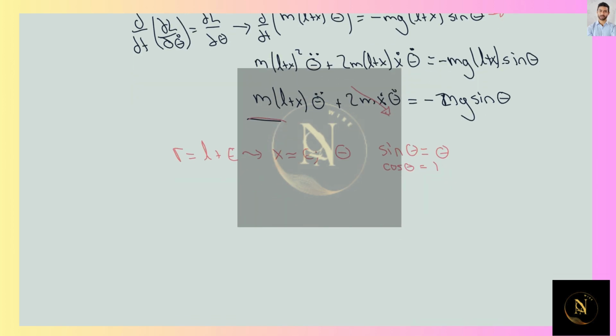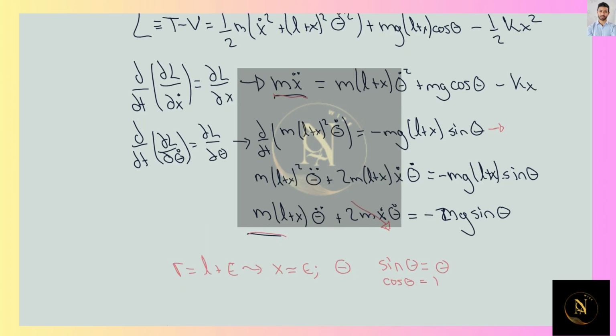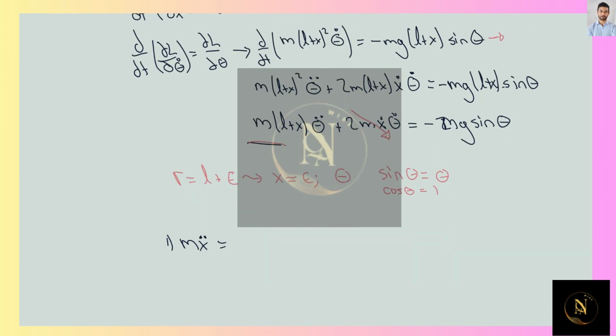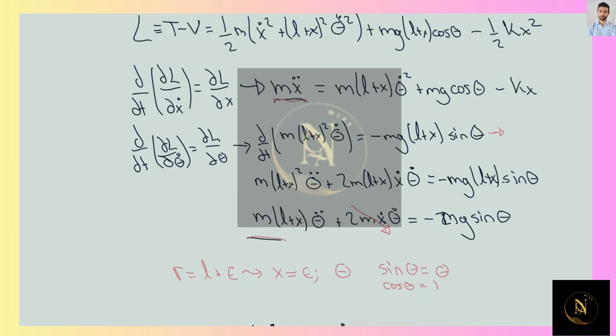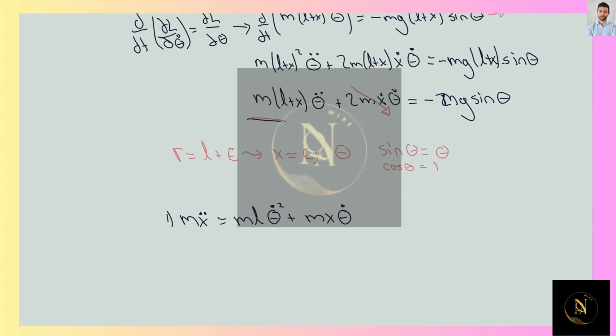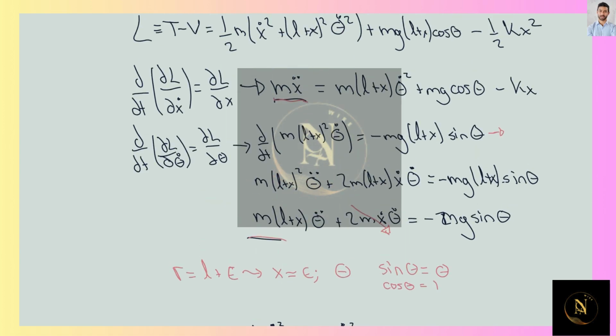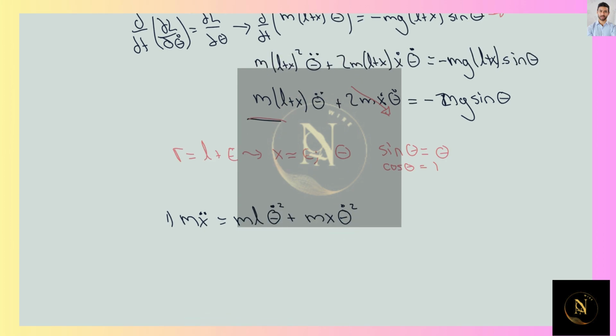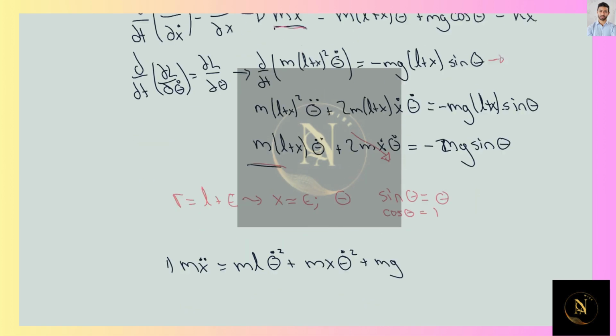We have m x double dot for equation 1. This is going to be equal to, expanding all of the parentheses, m L theta dot squared plus m x theta dot squared, plus mg cosine of theta, but we said that cosine is equal to 1, so plus mg minus kx.